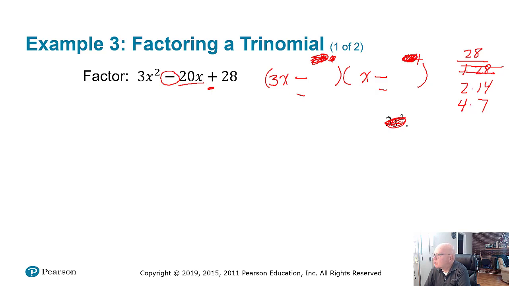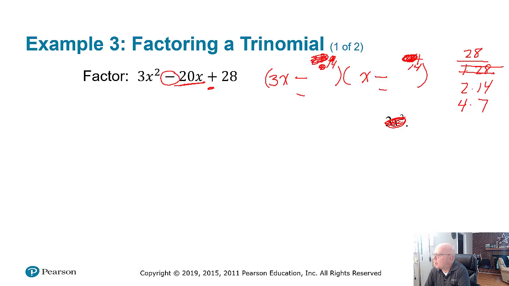Erase those. 2 and 14. All right, so you try 2 here, 14 there, and cross your fingers. 2 times x is 2x. 14 times 3 is 42. That won't give us a 20x. So we'll swap them.